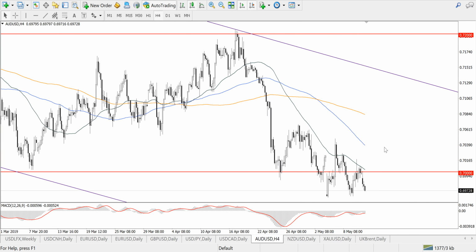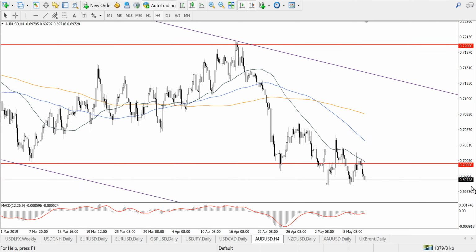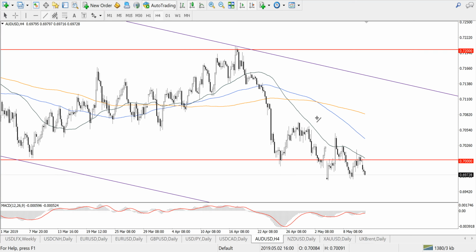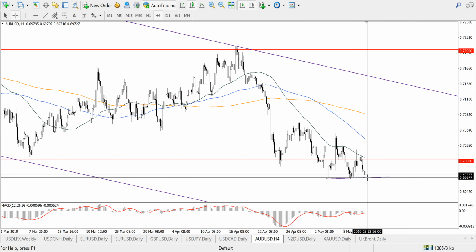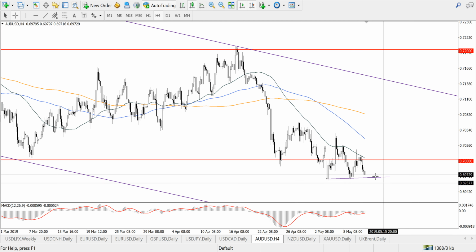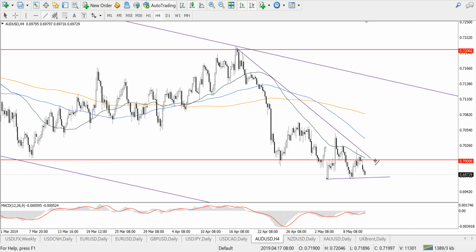positive information for the currency, and at the 4-hour chart we can see moving averages are in the very bearish formation here. So a break below the support level around 0.6960 will open the way for further downside, and to improve the situation somehow the return above 0.70 is necessary.